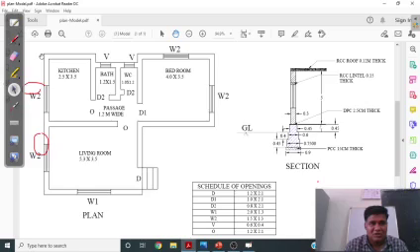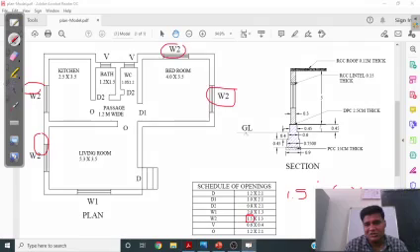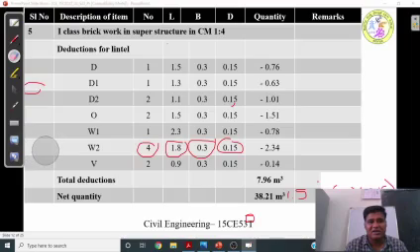So 1.5 is the length of the opening plus 2 times bearings, that is 2 into 0.15. So it will come to 1.8. So W2 is 4 numbers and the length is 1.8. So 4 into 1.8 into 0.3 into 0.15, 2.35 cubic meter has to be deducted from the masonry.